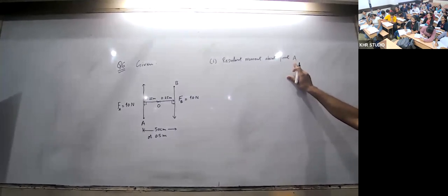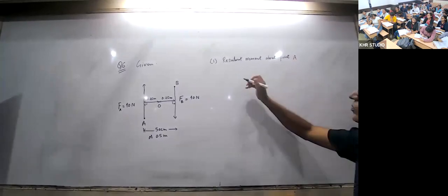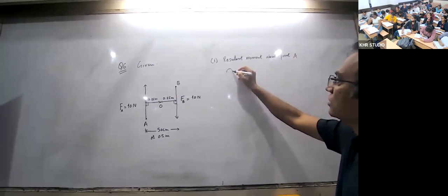A is the pivot now. So what is the resultant moment at A?